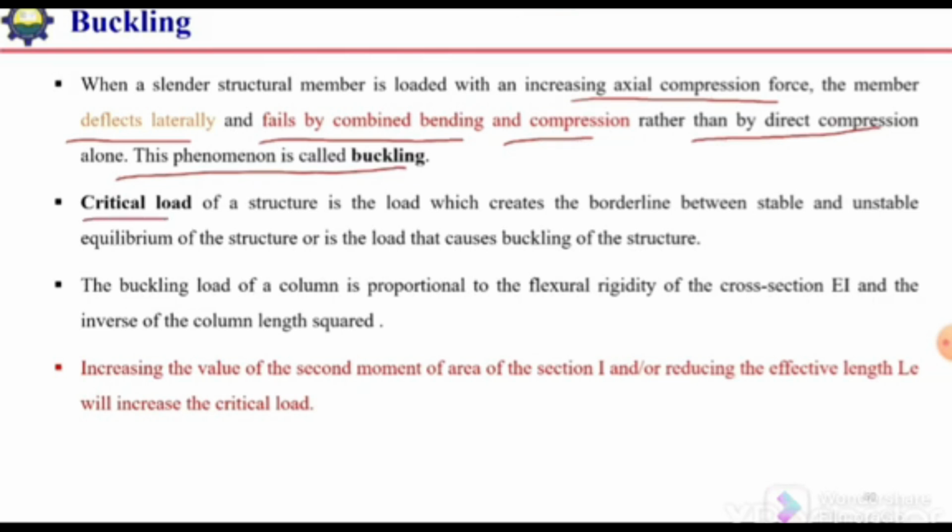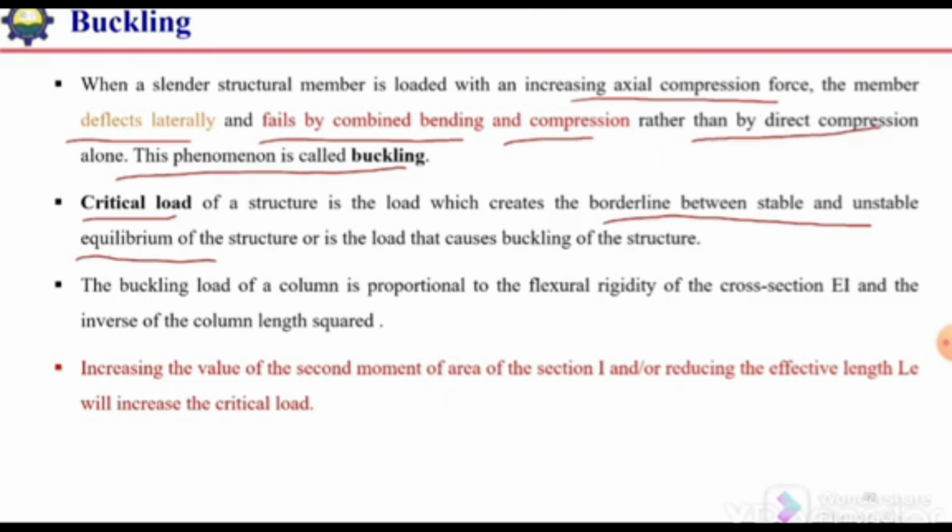The critical load or the buckling load of a structure is the load which creates the borderline between stable and unstable equilibrium. If we apply the load in the axial direction, it will definitely deflect in the lateral direction, but up to a certain amount of load, when we remove the load, it will come back to its original position.